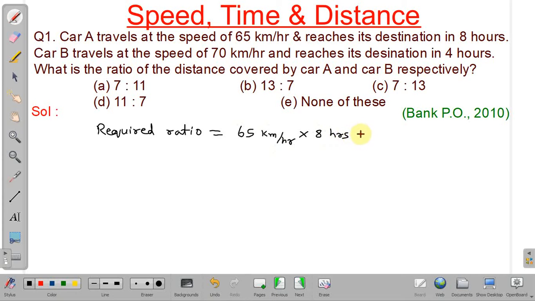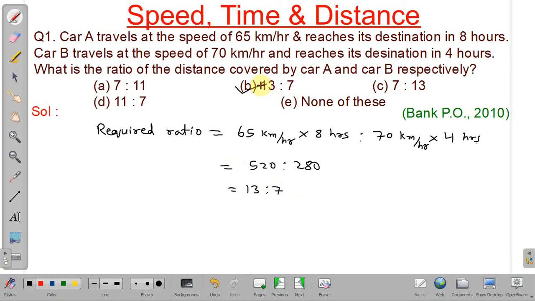Okay. Ratio, distance traveled by car B, which will be equal to speed of car B, that is 70 km per hour, and time traveled by car B is 4 hours. So we can calculate this ratio as 520 ratio 280, and it will be equal to 13 ratio 7. So our answer will be option number B.